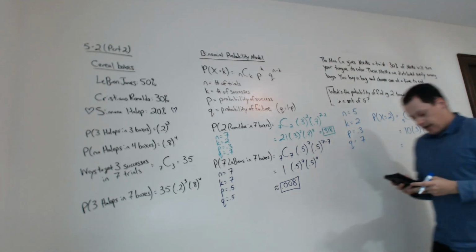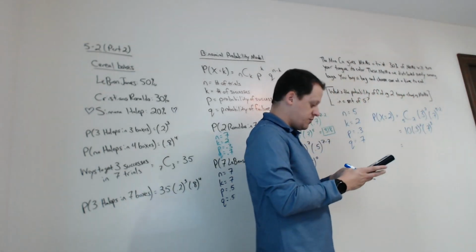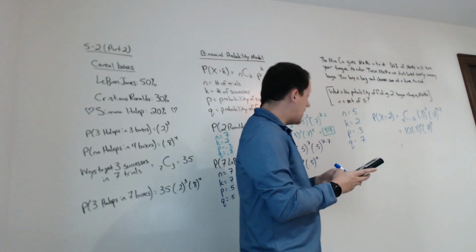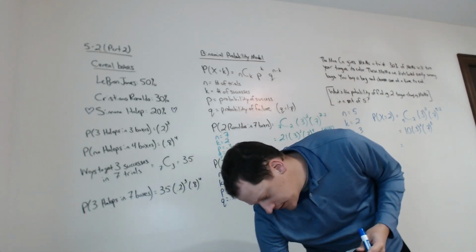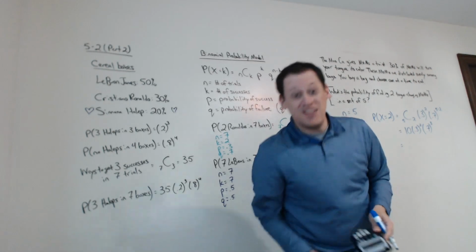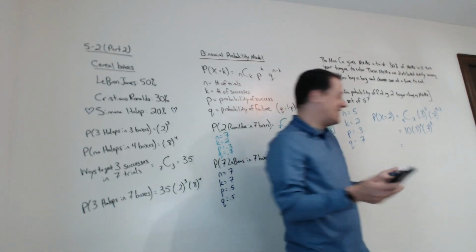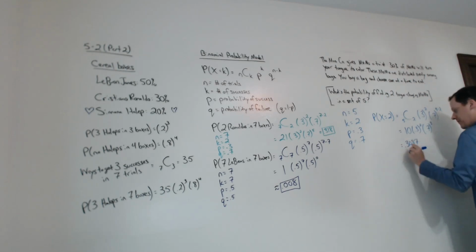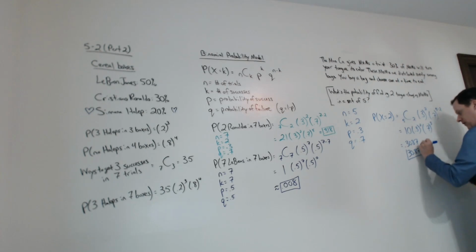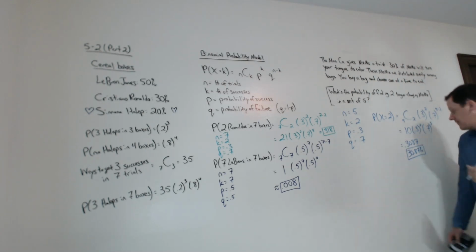So I just need to calculate this. 10 times 0.3 squared times 0.7 to the third power, and I get the same thing I got last time I did this problem, which is really good. 0.3087. Or 30.87%.